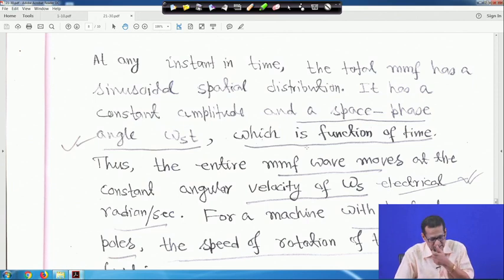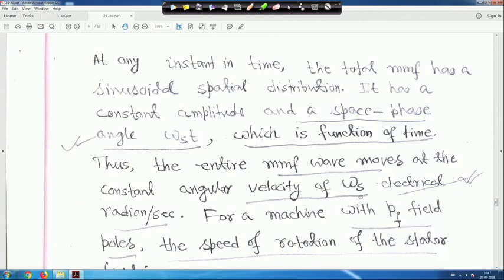Thus the entire MMF wave moves at the constant angular velocity omega s, electrical radian per second, because it is 3 by 2 k Im cosine of gamma minus omega s t.